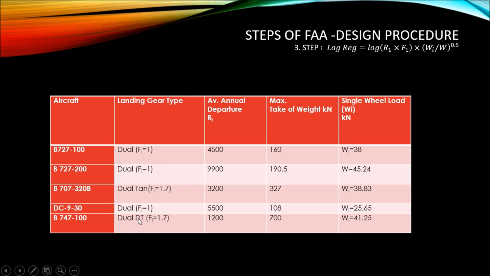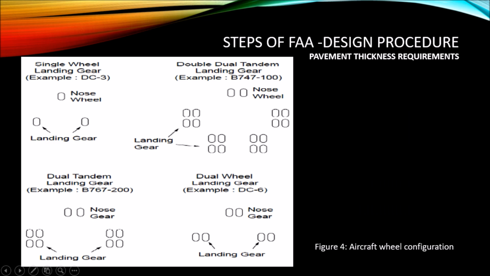Then the dual tandem, DT, double tandem. This very one, we multiply 700 by 0.95 and divide by the appropriate number of wheels that we have here.